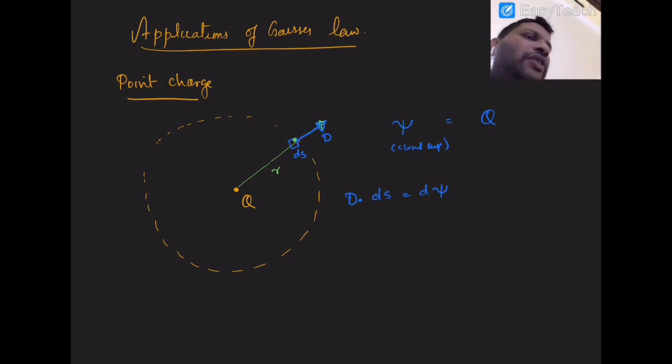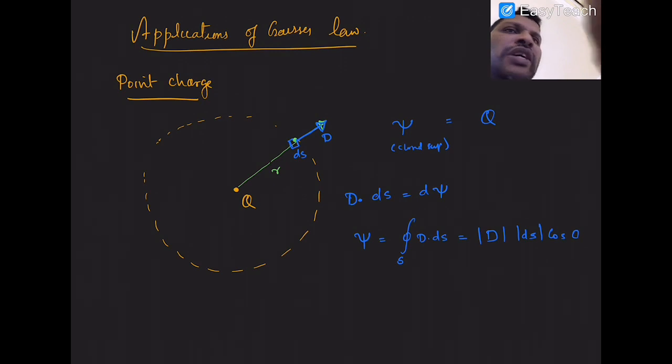Now how to find psi? The psi will be equal to the integral over the closed surface of D dot dS, and you know that this will be equal to the magnitude of D into the magnitude of dS into the cosine of the angle between them, which is 0, because if I take the surface, the normal to the surface is also in the same direction.